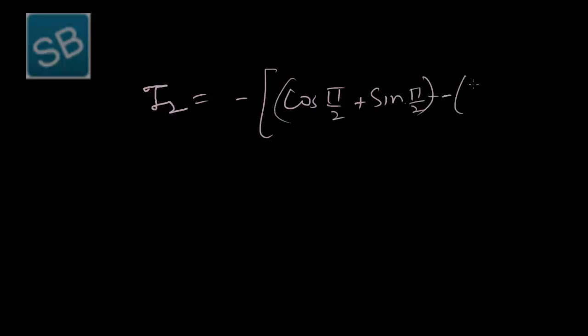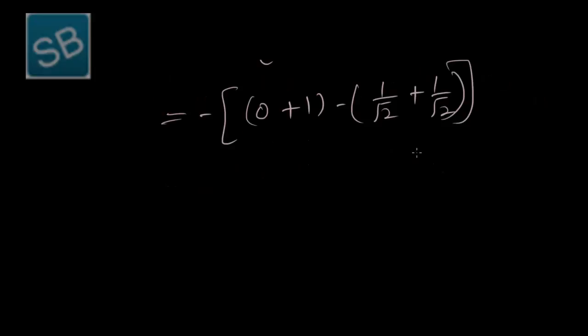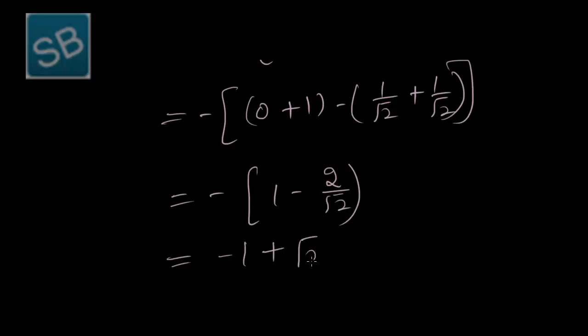minus cos pi by 4 plus sin pi by 4. That is, we get cos pi by 2 is 0 and sin pi by 2 is 1, minus cos pi by 4 is 1 by root 2 and sin pi by 4 is 1 by root 2. So we get minus 1 minus 2 over root 2, that is minus 1 plus root 2.